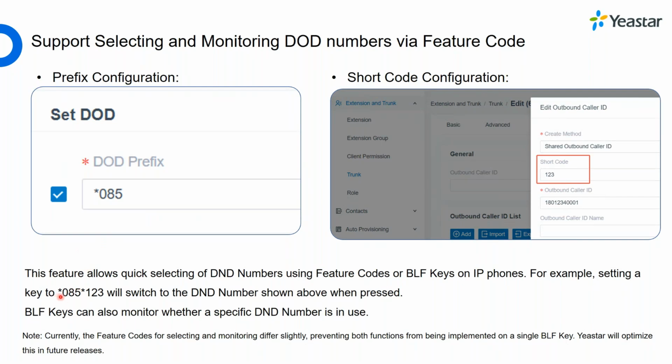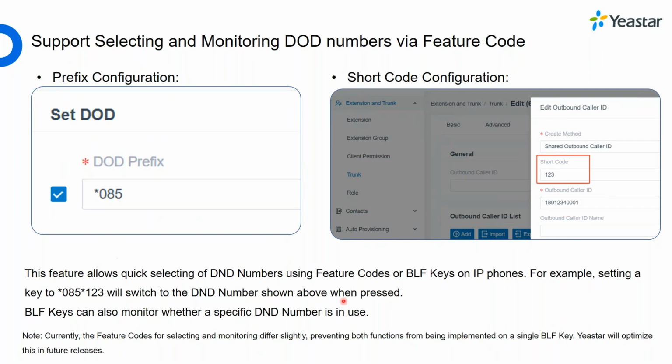It will work like this. If the feature code has been configured as asterisk 0 here, and asterisk 123 for the DOD number, and you click the BLF key on the Linkus web client or desktop client, your DOD number will be changed automatically.